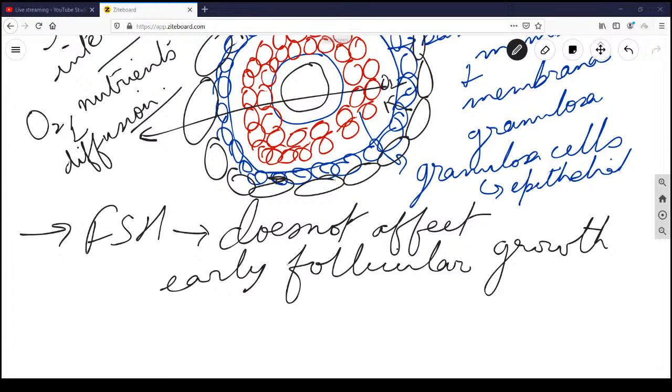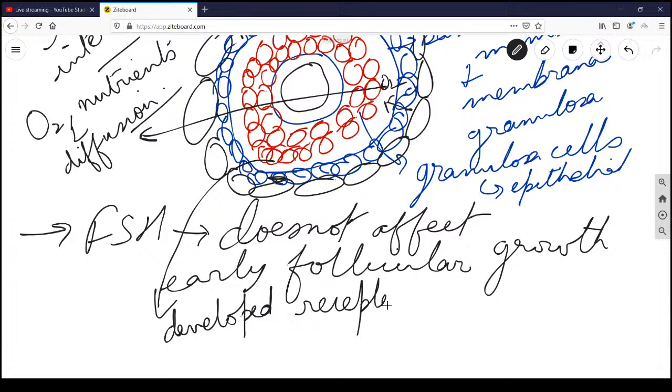And FSH will act on what? Since the follicles are developing and secondary follicles have been produced, the FSH will act on granulosa cells. By this time, the granulosa cells have developed receptors for FSH.